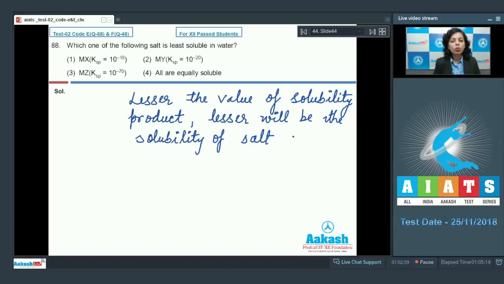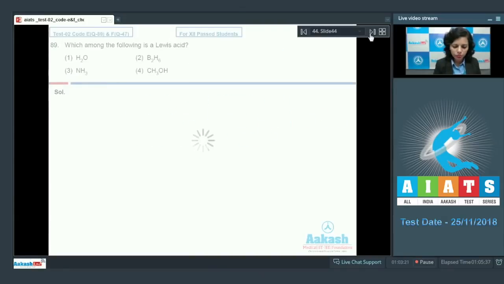And you just have to check the solubility product which is given here. If you check here, you will see that the salt MZ with the KSP value 10 to the power minus 70 has the least value of KSP, and that's why it is least soluble in water. That's why I'll mark here it is the correct option. That is option 3.